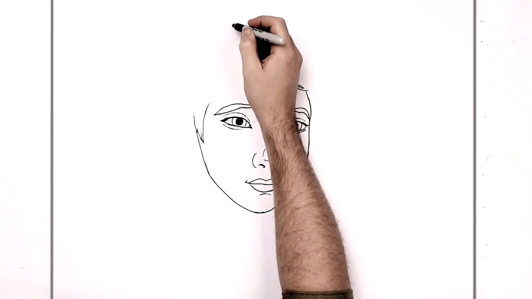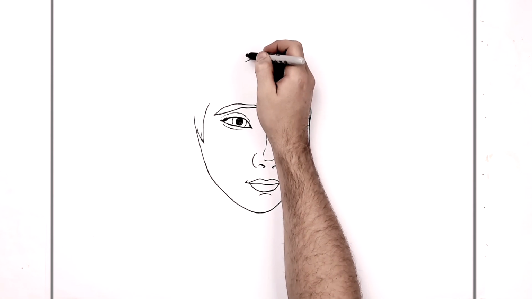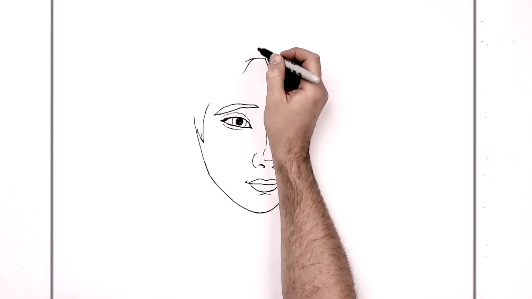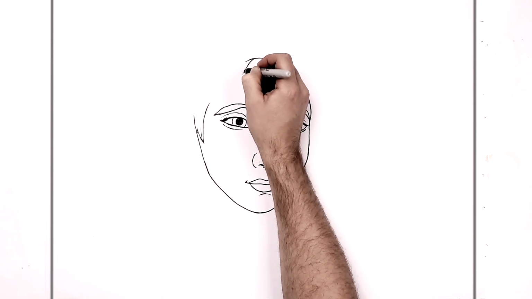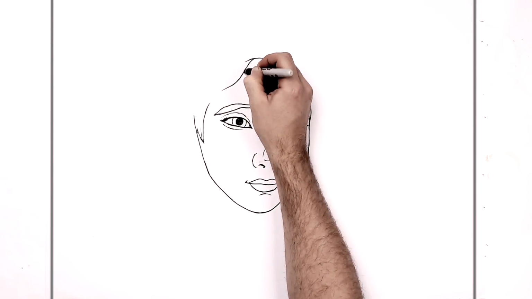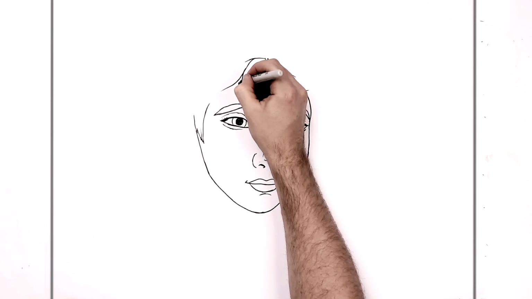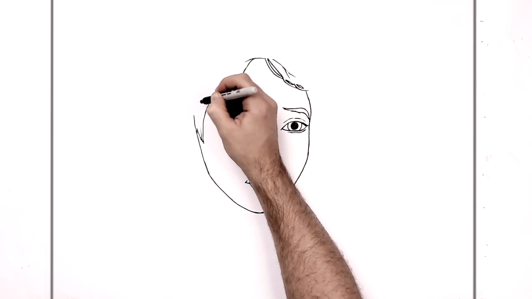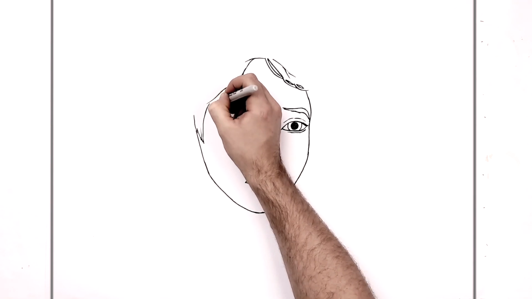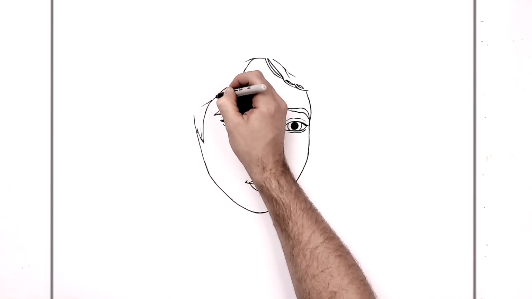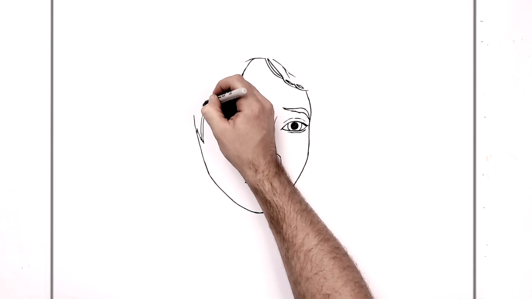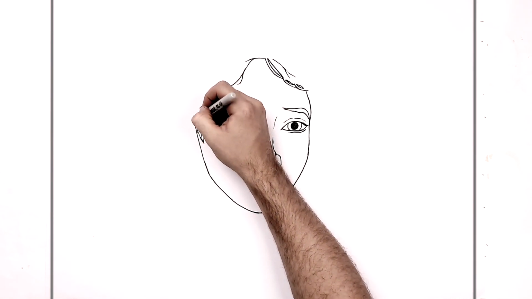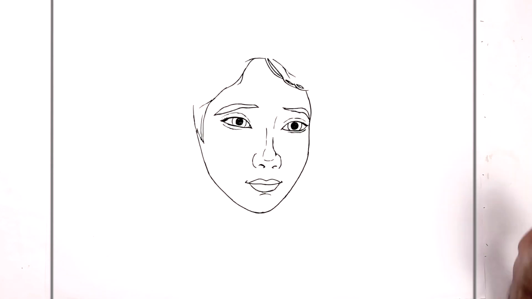Comes down that way, and then the hair on this side will come down this way. And this one's more sort of straightforward, comes down. You might have one or two hair strands sort of sticking off here. And this goes down. And it'll eventually go behind her ear, but it sort of joins her hair there. Like so.